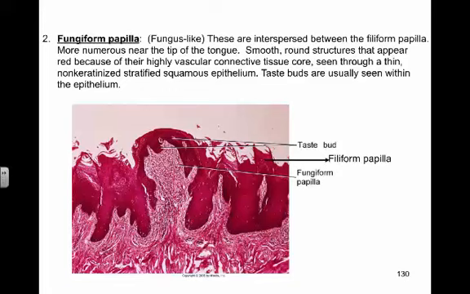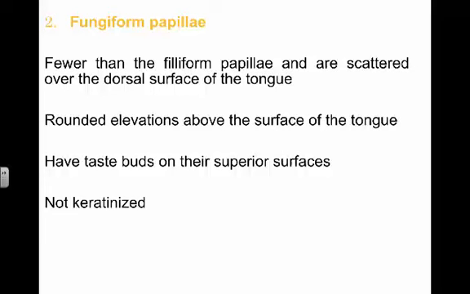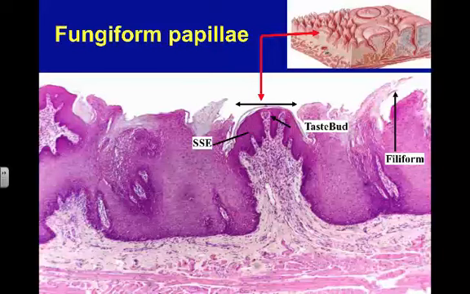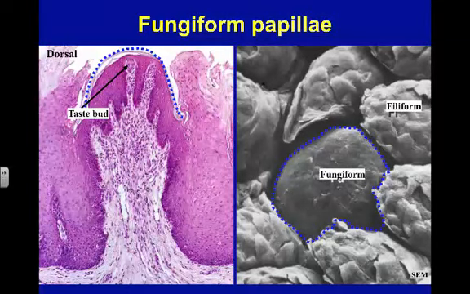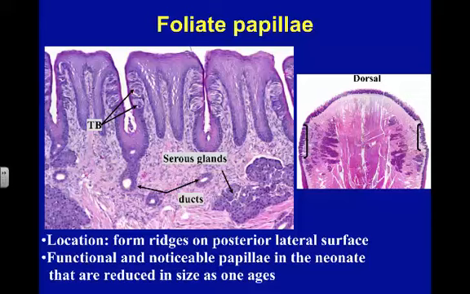They're much more numerous at the tip of the tongue. There are some taste buds, not a lot, but there are some. Foliate papillae are very important. They have lots of papillae, 5 to 10.